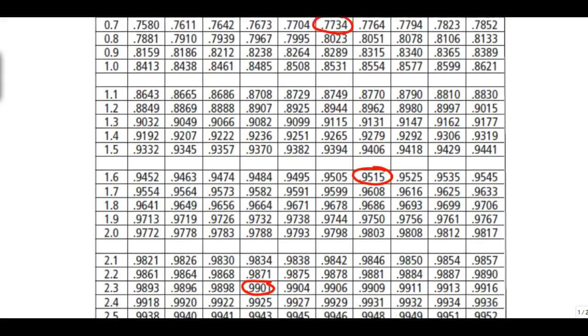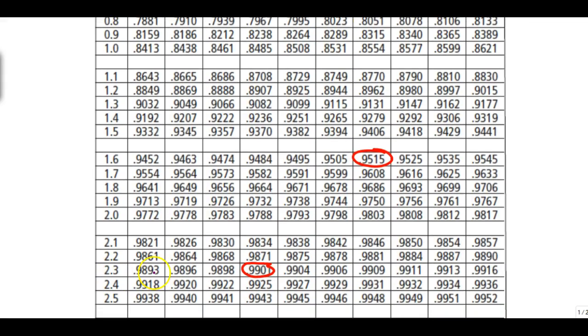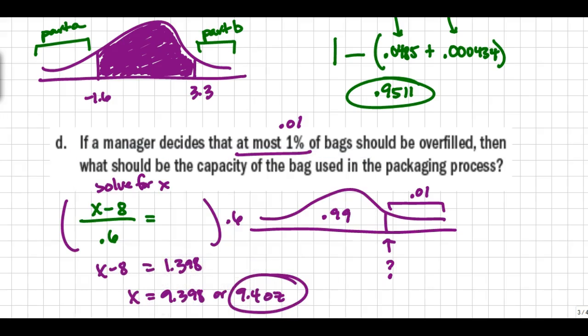And we'll have to scroll down here to see it actually on the video. So it looks like 0.9901 is as close as we're going to be able to get. And that comes from the z-score of 2.33. This is column 3 here. So 2.33 is our z-score that gives us the percentage that we're looking for.